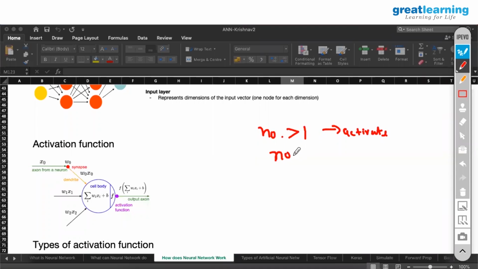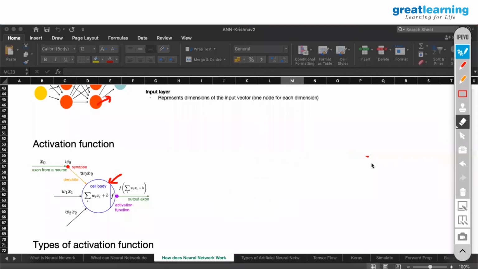If the number is less than 1, I will switch it off. Now, if I give an input of 1.2, what's going to happen? You will choose this function and say that the current neuron is active, pass the number to the next neuron, allow the number to pass through. These are called activation functions. This is a simple one I have shown you.